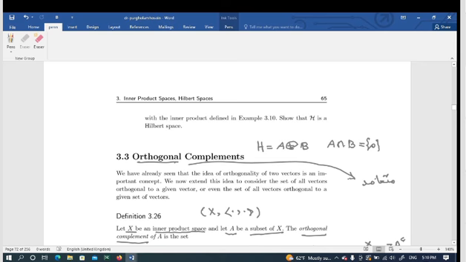If the intersection of A and B is just 0, we write H equals A plus B, with a circle around the plus.